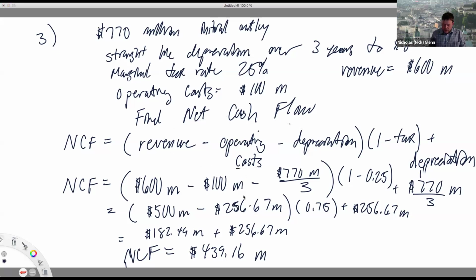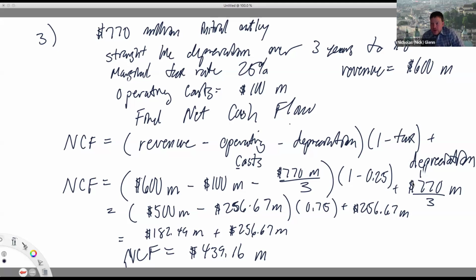Essentially, what you're saying is, I have this revenue coming in and I have to pay taxes on it, but only on my profit, so I take out the operating costs. Additionally, I can say I'm losing value on this investment, so I can use this depreciation and write it off.